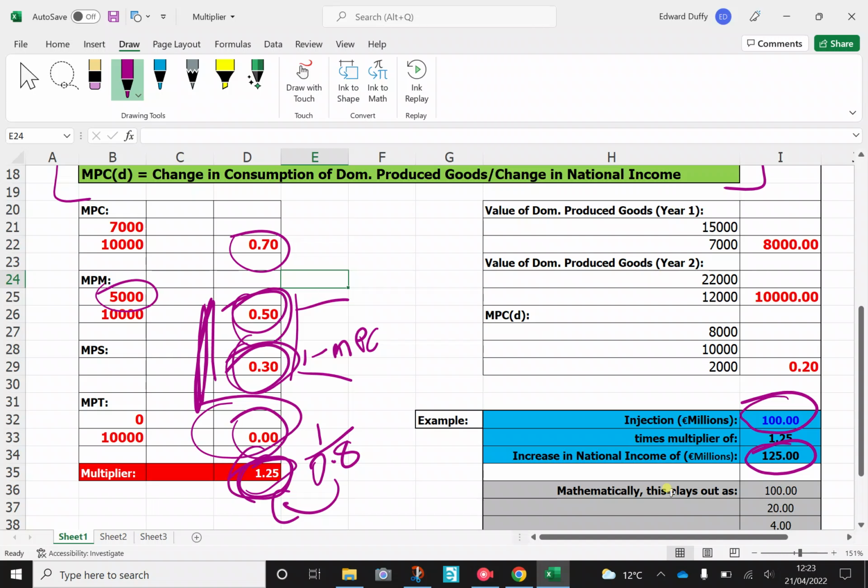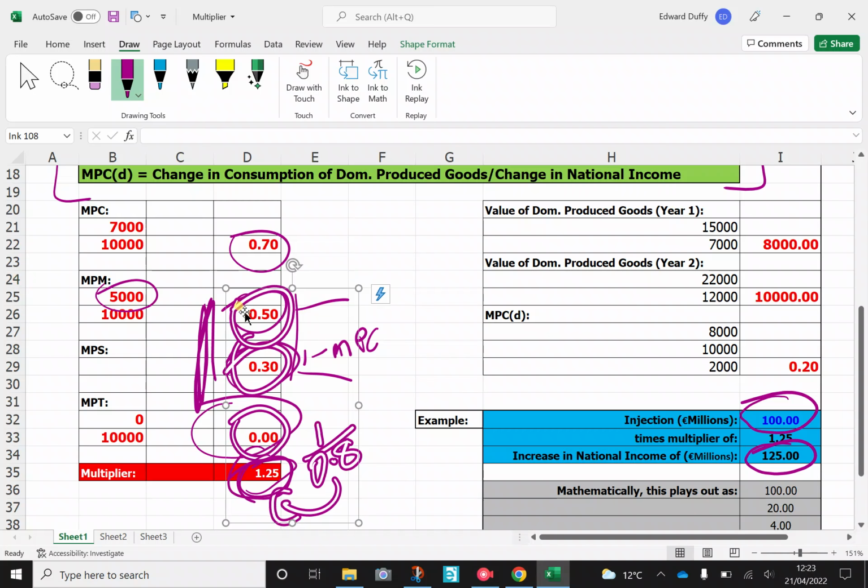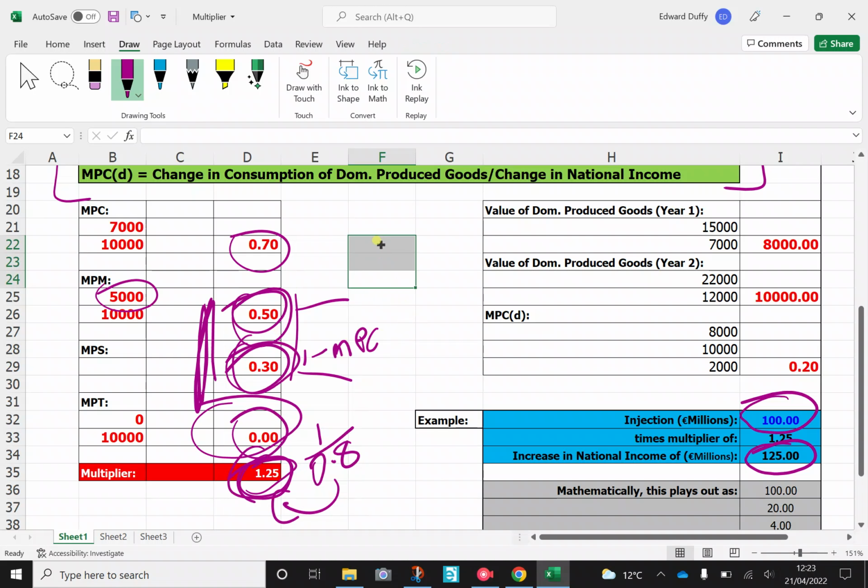And just finally, I've played it out mathematically here, just to show you how exactly that works. So in other words, what exactly is happening here with that 100 million? How does it create that 125 million euros worth of wealth? So if there's a 100 million euro injection pumped into the economy, and half of it is spent on imports, and another third of it is saved, then all that means is that of the 100 million euro injection, somebody is essentially only spending 20% of that.